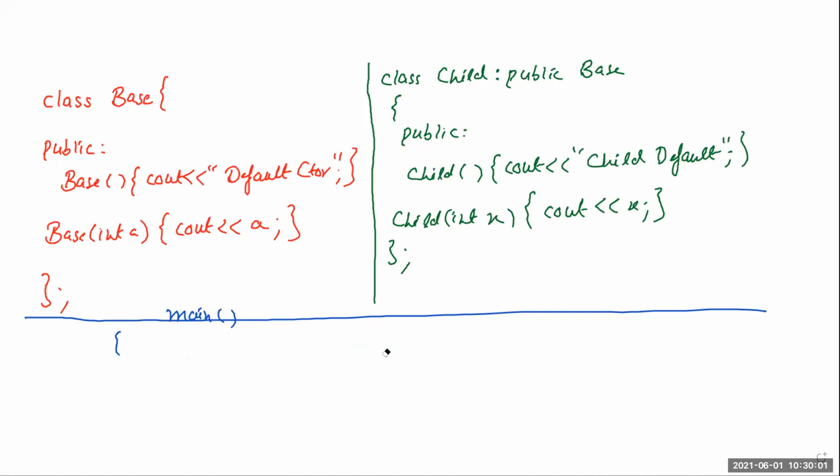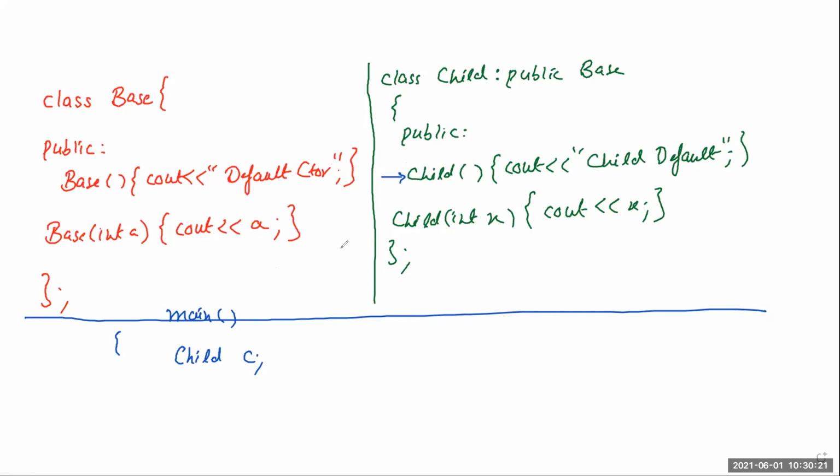Now, instead of making the object of the parent class, I will be making an object of the child class. Let's see what happens. So I write child c. It means I'm not passing any value, so I expect that it will call the default constructor.